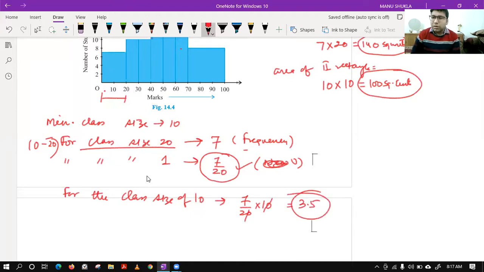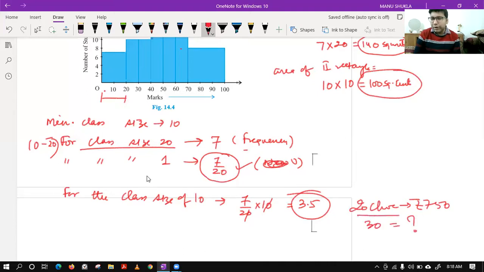So this is the trick behind this, that we have to find all the frequencies for one class width, that is the unitary method. We have done this thing before also. If 20 chocolates are for 750 rupees, then what is the cost of 30?